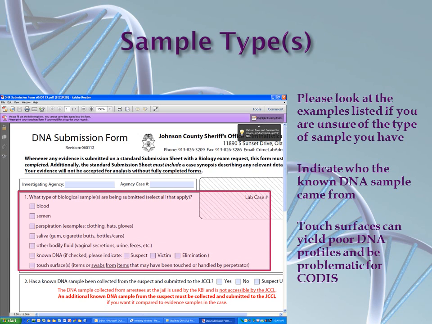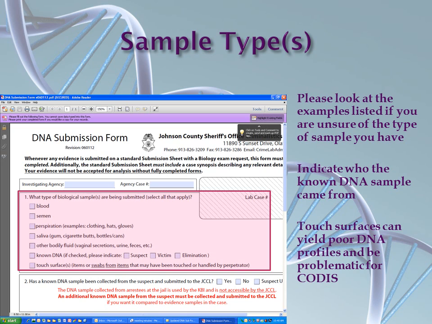This next section is very important. This is where we are asking what type of biological samples are being submitted as evidence. So if you'll just look at the examples that we have or the types of samples we have, blood and semen are pretty self-explanatory. Perspiration is going to be anything that somebody would have sweated on or worn.